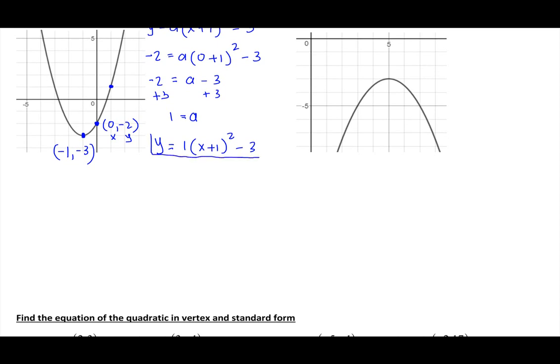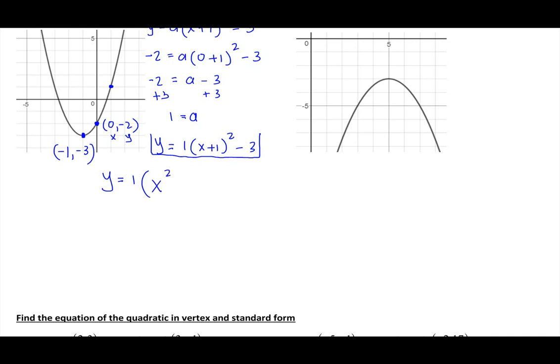But we were also asked to write it in standard form. If you're going to change this to standard form, we're just going to work all this out right here. Basically we're going to end up with y is equal to 1 times, and then you square the x plus 1 squared. You can either write x plus 1 times x plus 1 and work it out, or use the shortcut pattern I taught you.